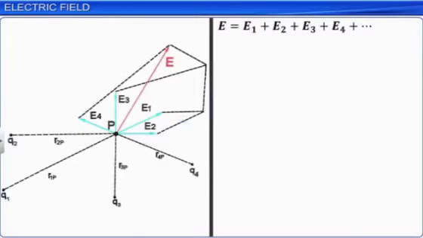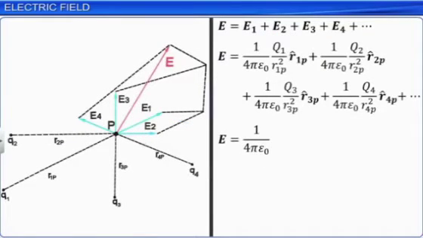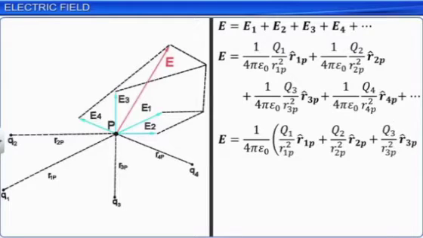Then, E is equal to 1 by 4 pi epsilon naught into Q1 by R1P square into R1P cap plus Q2 by R2P square into R2P cap plus Q3 by R3P square into R3P cap and so on.